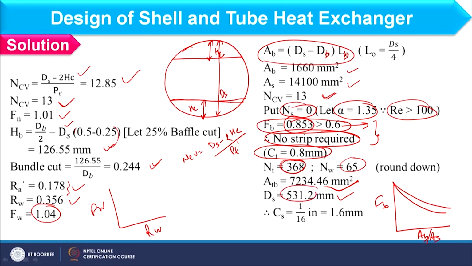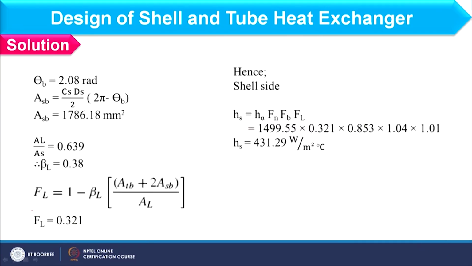So corresponding to the shell diameter you can find out the CS value from the table, where shell dia and baffle dia are given as per the shell dia range. So, depending upon all these values you can find out ATB and ASB, but for that you also require the theta B value. That theta B value you can obtain as 2.08, which is corresponding to 25% baffle cut, right.